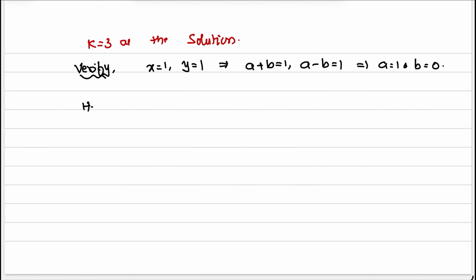Here a and b belong to the set of integers.